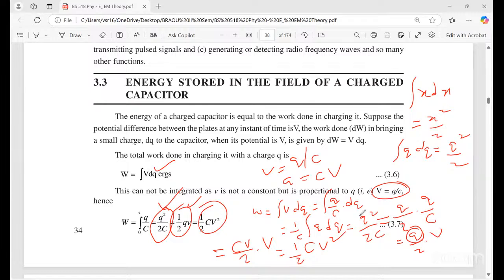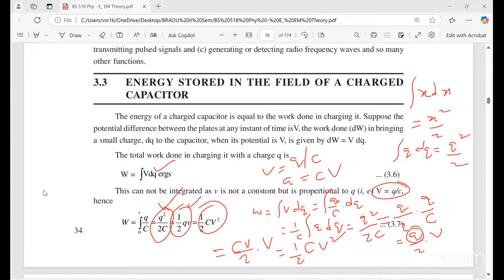Okay. This is the case you need to know. Most important short question, very, very most. In objective exams, while you are going to write the competitive exams, there also they are going to ask what is the capacitance and energy stored in the plates of a capacitor. That is half CV square.